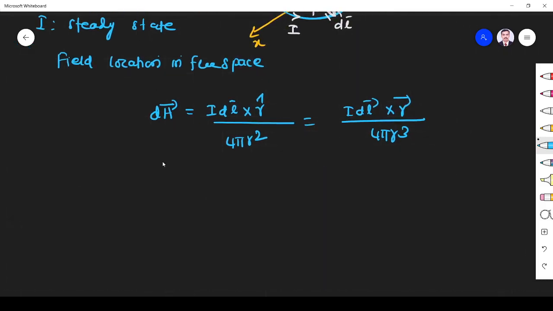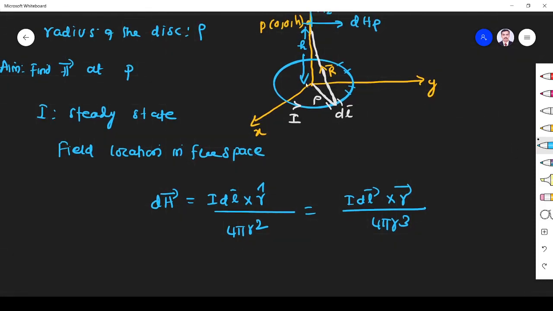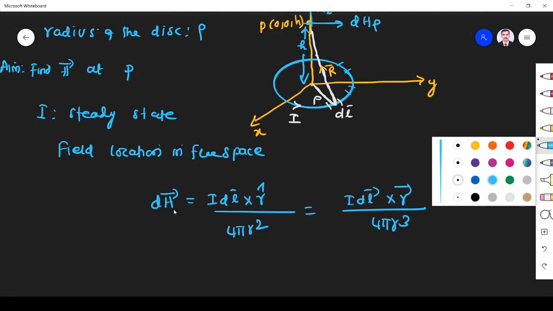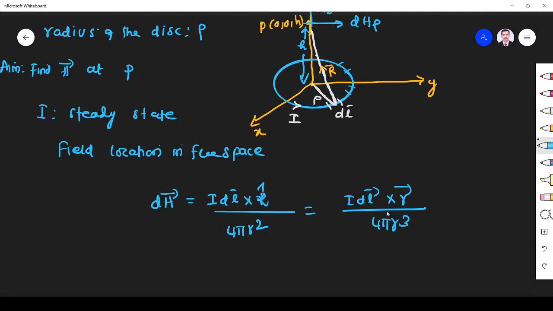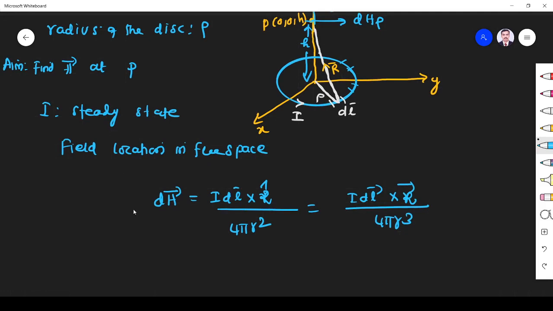Next, we have to find the value of r. Here we have a capital R, so instead of small r, we can put capital R. That's not an issue. Now we find what R is.